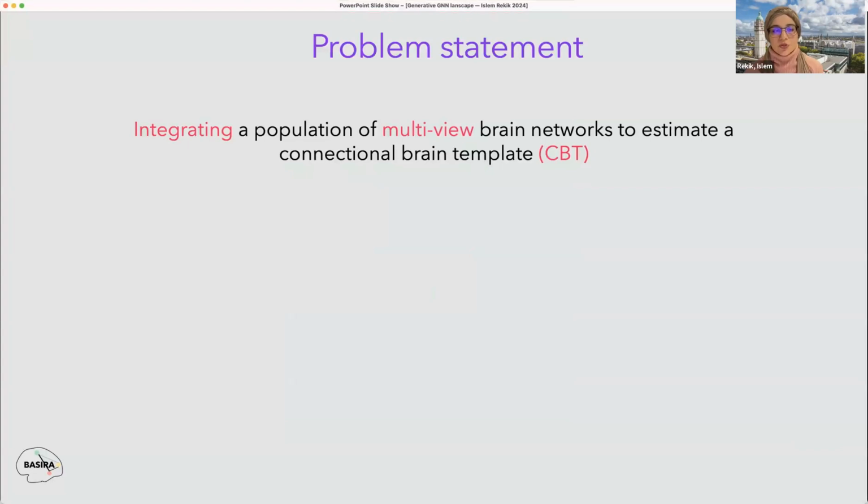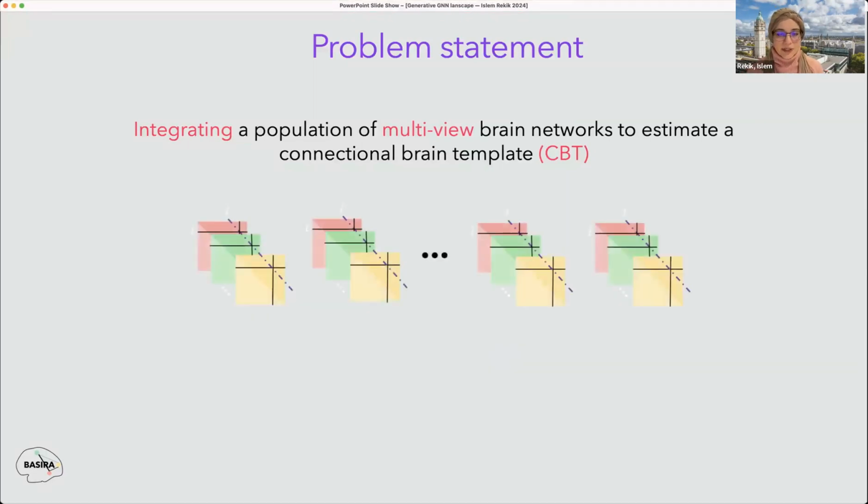So what's the problem that we're trying to solve here? We want to integrate a population of multi-view brain graphs or networks. We have tensors here, and a tensor represents a single brain. These are multiple types of connectivities, for example functional and morphological, and we have multiple subjects.